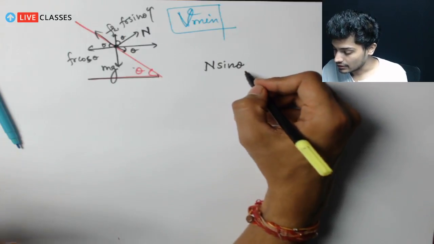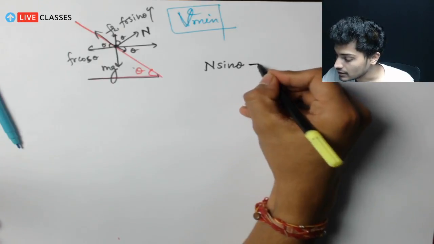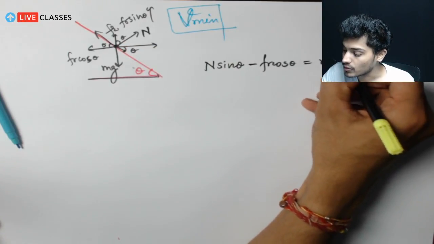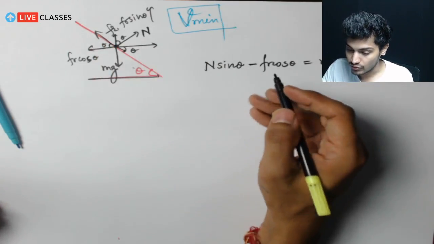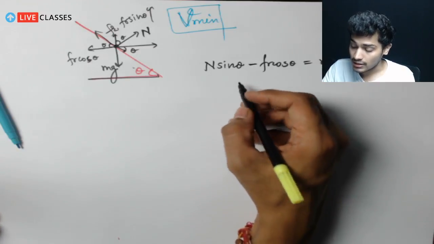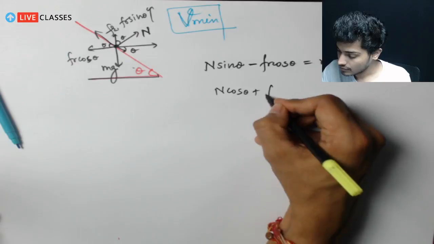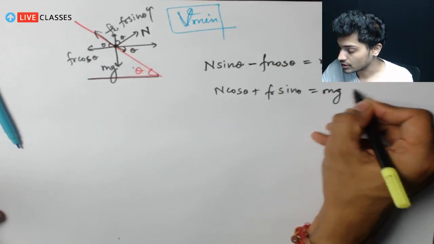So what are the forces which are acting towards the center in this case? These are n sin theta minus Fr cos theta, acting towards the center, equal to mv square by r. And what are the forces in vertical direction? These are n cos theta plus Fr sin theta. It will be equal to mg.